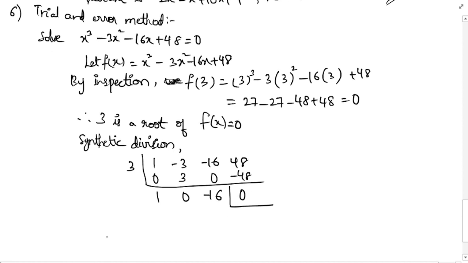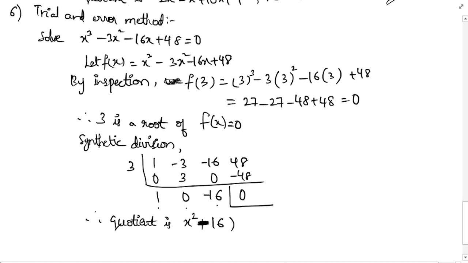Okay. 0 is our remainder and the quotient is, this is constant, this is x square. So that means the quotient is x square plus the coefficient of x, which is 0, so we will not consider x. So x square minus 16.